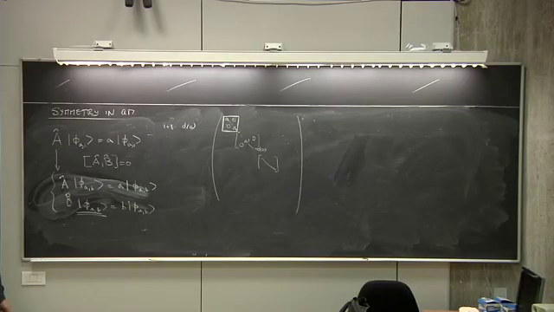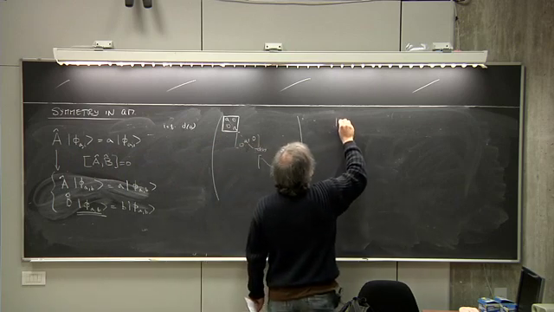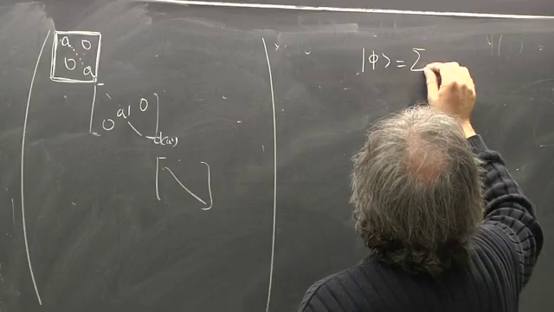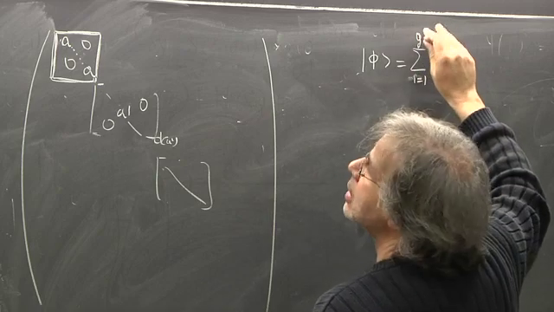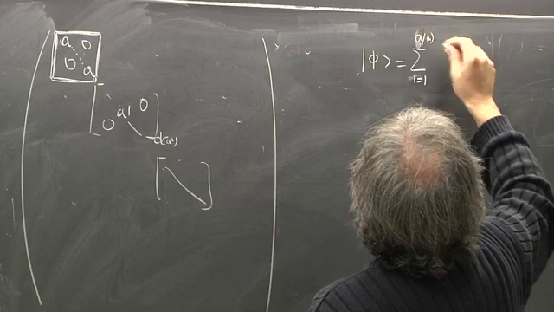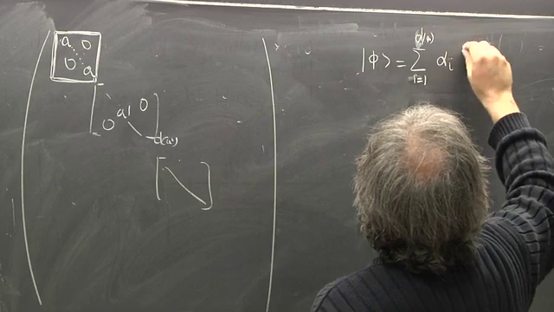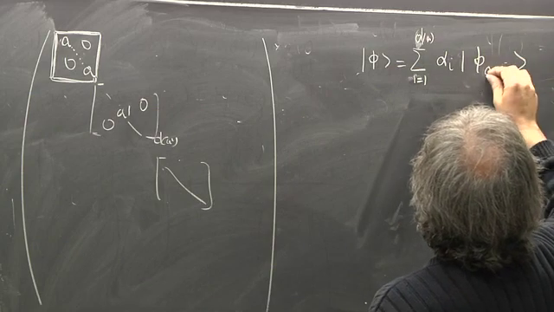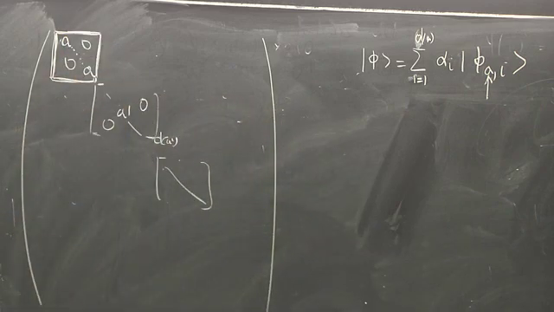These are vectors phi, which are superpositions, with I going from 1 to the degeneracy dA, of certain coefficients, let's call them alpha I, times the state phi A I, where A is fixed. So I mix this in whatever way I want.